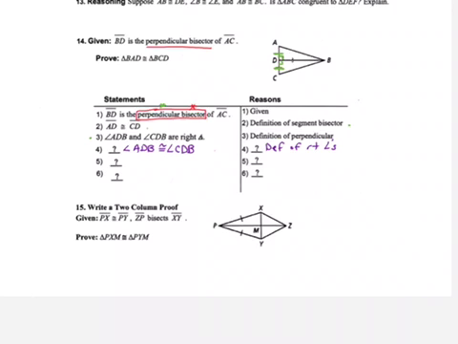We should notice that the two triangles are sharing side DB. So we can say that DB is congruent to DB by the reflexive property. With this, we now have enough information to say that triangle BAD is congruent to triangle BCD by side, angle, side congruence.